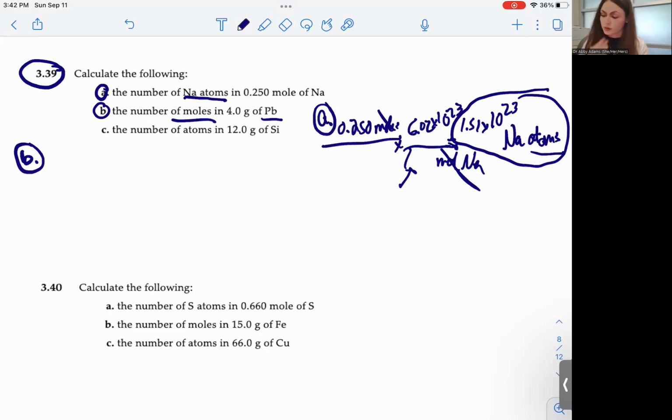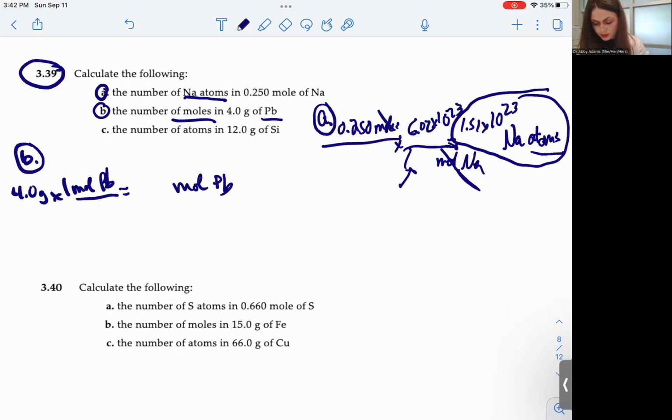All right. What are we going to do? We want moles lead. Go ahead and write that. Moles lead. So what are we going to do? What do we have? We have 4 grams. So can we get over to moles? We can. How can we do that? Because in 1 mole, we know what the mass is, right?